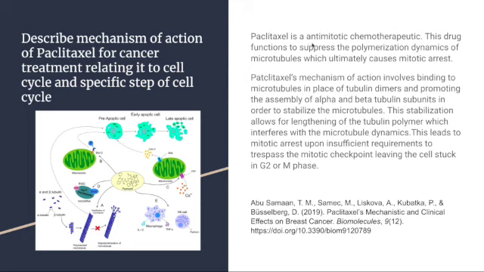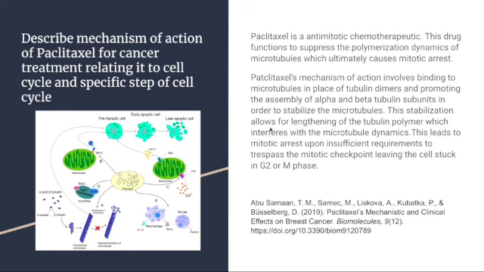Paclitaxel is an anti-mitotic chemotherapeutic. This drug functions to suppress the polymerization dynamics of microtubules, which ultimately causes mitotic arrest. Paclitaxel's mechanism of action involves binding to the microtubules in place of tubulin dimers and promoting the assembly of alpha and beta tubulin subunits in order to stabilize the microtubules.